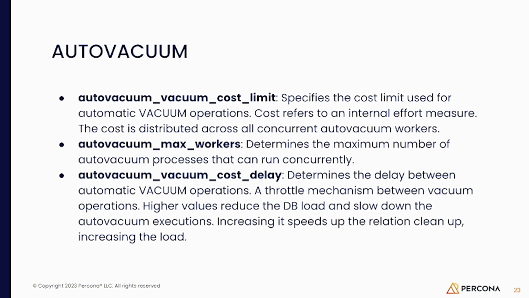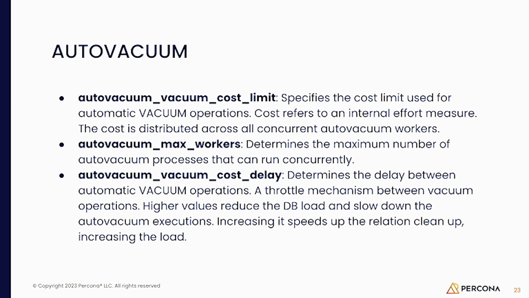But it could be the opposite, because if we increase the number of workers to, let's say, 16, it could be possible that we can vacuum 16 tables at the same time, but the speed for all of them will be lower than if we set a lower number of max workers, right? The lower the number, the more power for each execution.